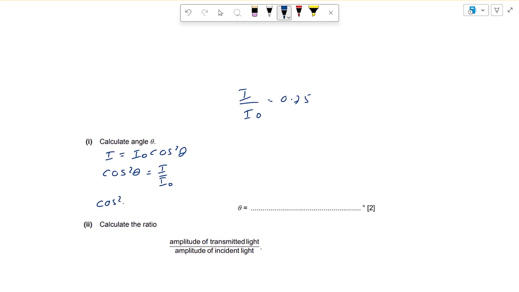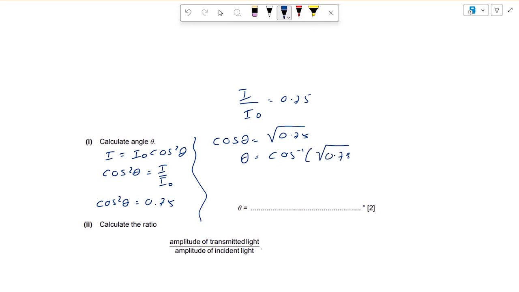So cos squared theta is equal to 0.75. Moving the square to the other side would be square root 0.75. Theta would be the inverse of cos of square root 0.75, which would produce 30 degrees.